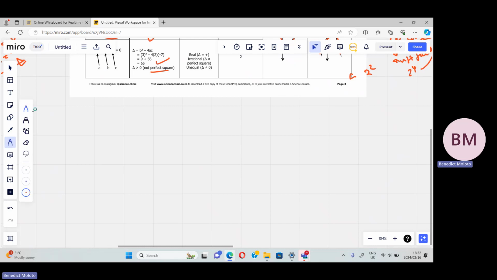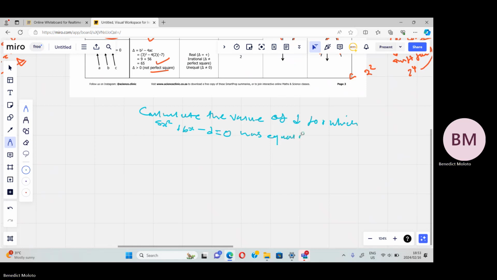Okay, let's go into details. They said calculate the value of D for which 5x squared plus 6x minus D equals 0 has equal roots.